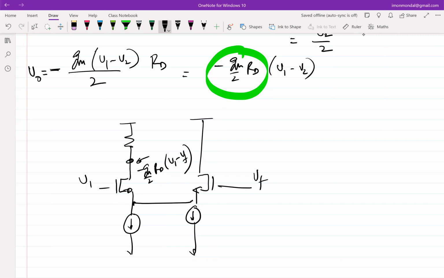Correct? So if we want a flipping of sign, what should I have done? I ideally should have applied VF here and V1 here. Right?